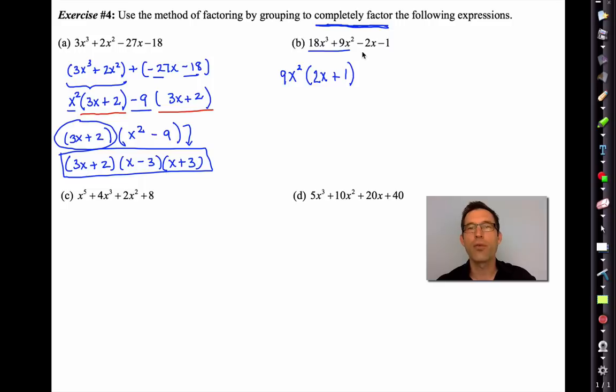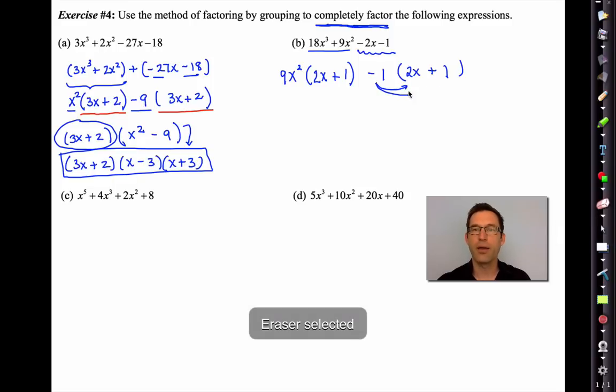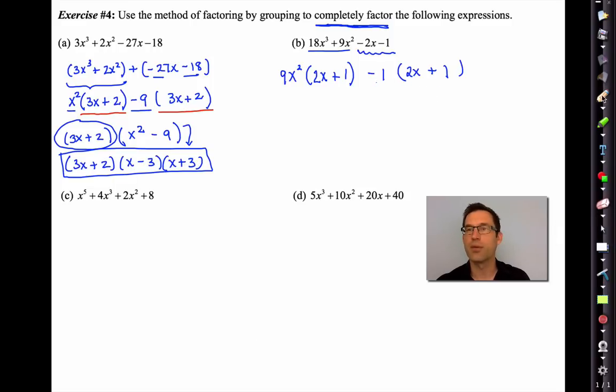Now remember, whatever I factor out of this thing, I want to also have a 2x plus 1 sitting here. And to do that, I would have to factor out a negative 1. But do you see that? If I multiply a negative 1 back through, it would give me the negative 2x minus 1. I'm not actually going to multiply a negative 1 back through because then that would defeat the purpose.